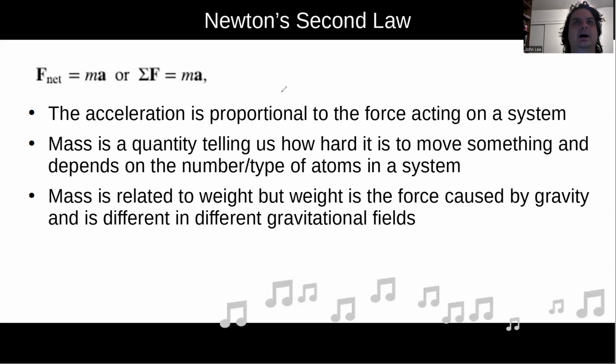So an object on Mars is going to weigh less than it does on Earth, even though they have the same mass. And the mass is kind of just a quantity telling us how many atoms there are in something and what type of atoms are making it up.